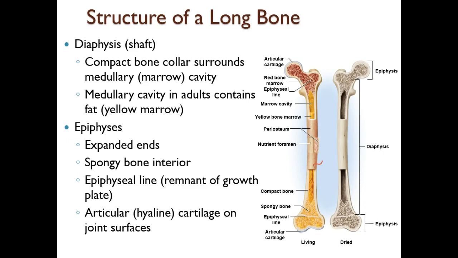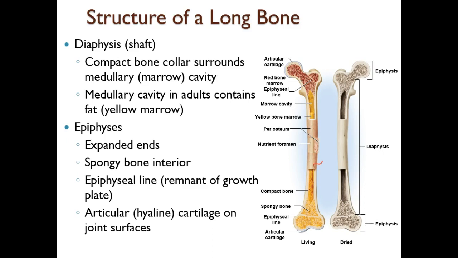So what do you have on the surface? Notice on the surface of the bones, wherever the bones are going to form a joint with another bone, there is something called articular cartilage. So what does articular refer to? Is that a familiar word to you? Articulate, articulation.